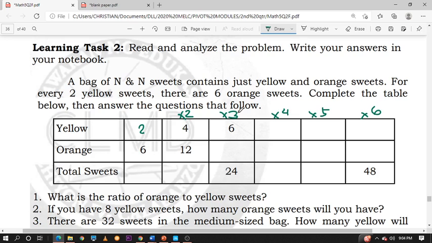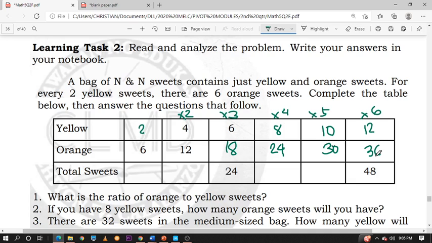So, 6 times 3 is 18. 2 times 4 is 8. 6 times 4 is 24. 2 times 5 is 10. 6 times 5 is 30. 2 times 6 ay 12. 6 times 6 is 36.